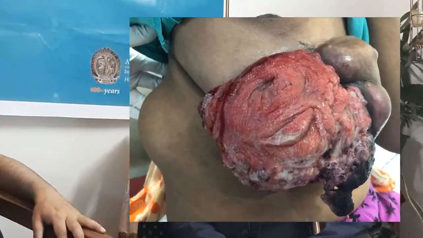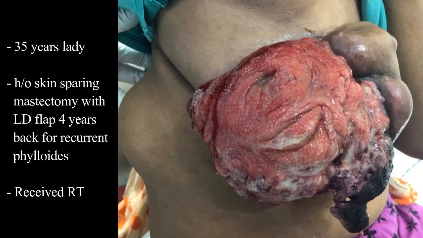So the first case, the image of which was posted in the group as well. She's a 35 years lady who was operated for recurrent phylloids, in which skin sparing mastectomy was done with latissimus dorsi flap 4 years back. She received all the cycles of radiotherapy and the histopathology report was suggestive of all the margins being free of tumor.